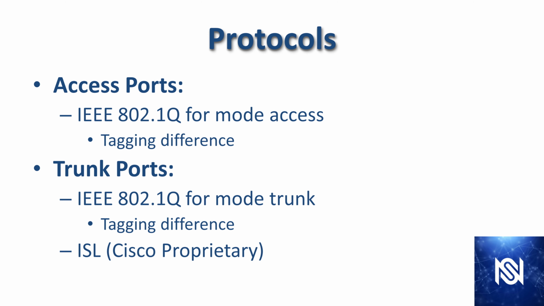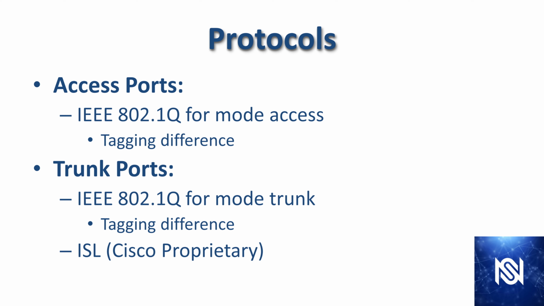As for the protocols for the two types of ports: the access ports use IEEE 802.1Q for mode access, which has the tagging difference when compared to the trunk ports. Trunk ports can also use 802.1Q with mode trunk, which of course tags differently than the access ports. There's also Inter-Switch Link, which is a Cisco proprietary trunking protocol, which means that it will only work with other Cisco switches.